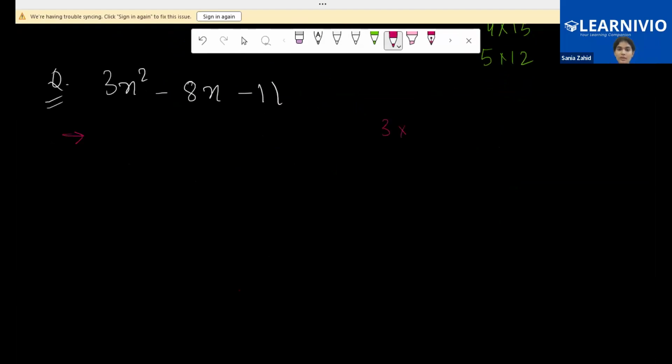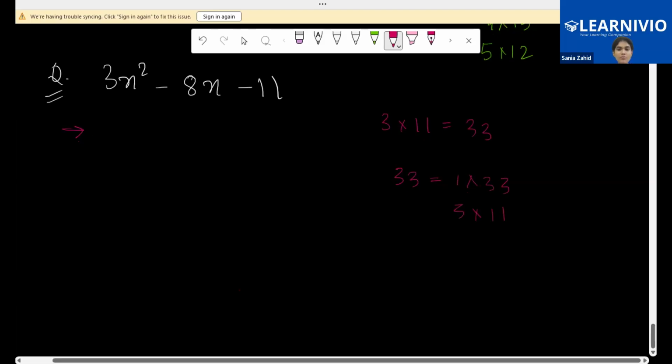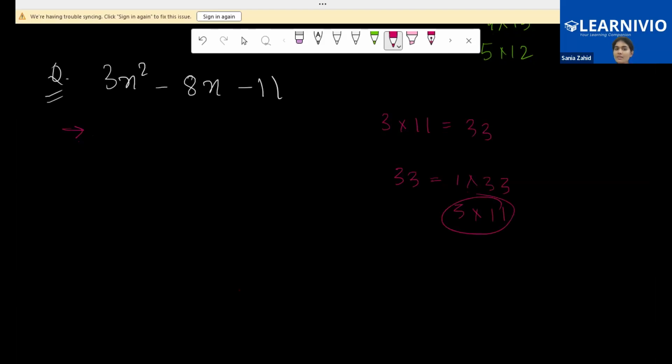Okay, so 3 into 11 gives me 33. 33 can have what factors? 1 into 33, then 3 into 11. Then that's it. We don't have more factors, right? So I will take 3 and 11 because 11 minus 3 gives me 8.